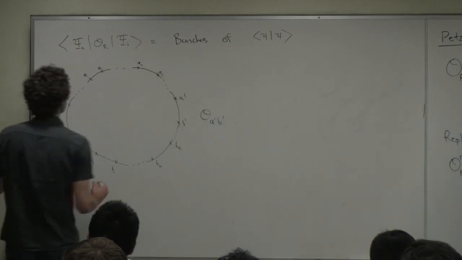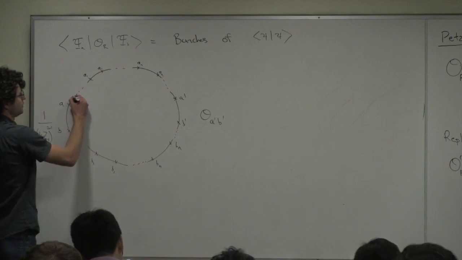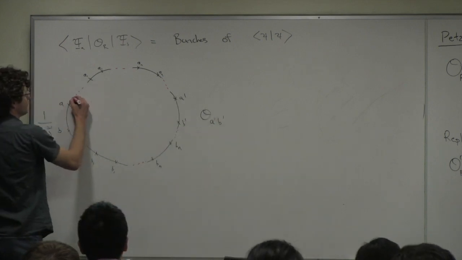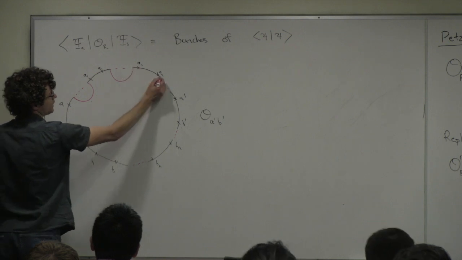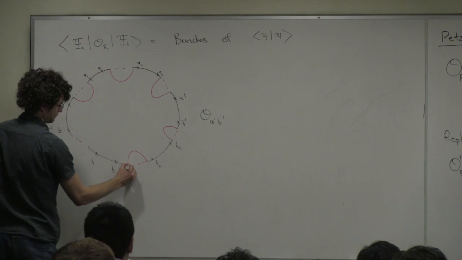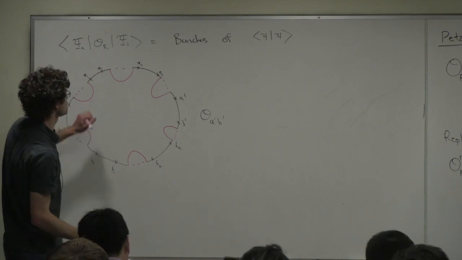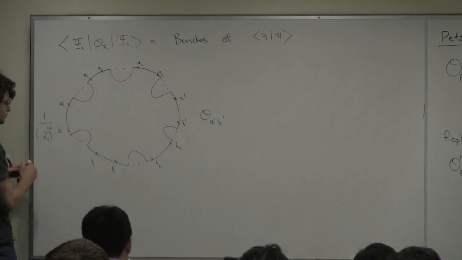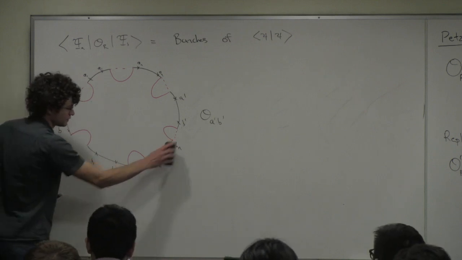In the limit where k is very large, a completely connected geometry is going to dominate because it will have the maximum number of k index loops. We get the maximum possible number of k index loops by building a geometry that looks like this. This is going to have 2n plus 2 k index loops, which will cancel the factor of k to the 2n plus 2 outside, and then allow us to erase all of the k index loops.